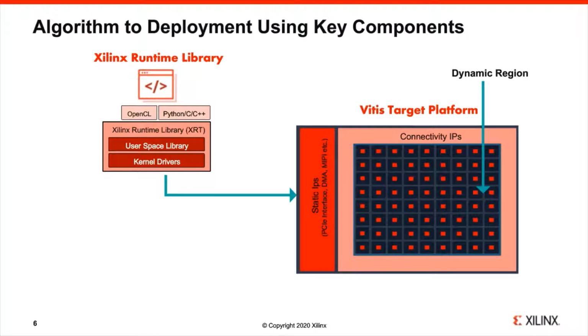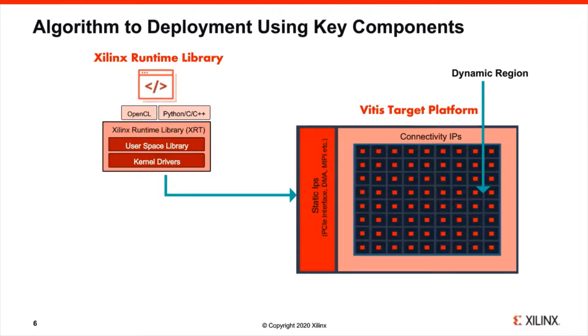This includes connectivity IPs for external memory interfaces and also custom I/O interfaces. For Alveo accelerator cards, the Vitis target platform automatically configures the PCIe interfaces that manage communication between the FPGA accelerators and the x86 application code.